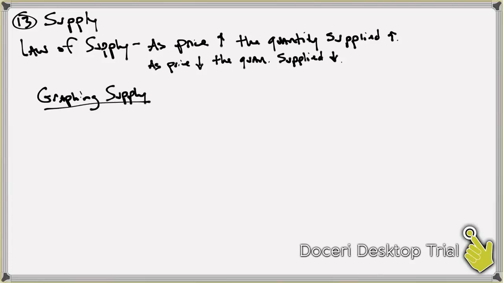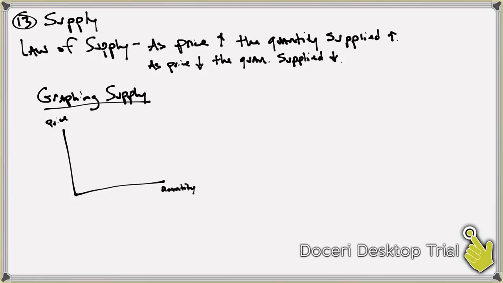So our supply graph is always going to show the relationship between price and quantity, just like demand. Price on the vertical axis, and we put quantity on our horizontal axis. Really what we're doing is just illustrating the law of supply concept.